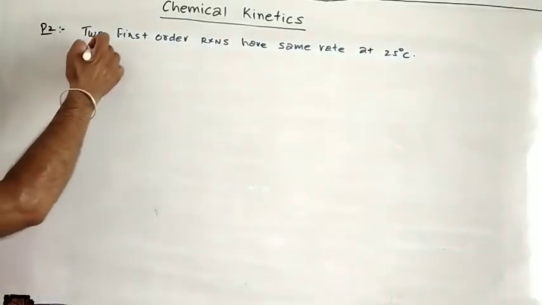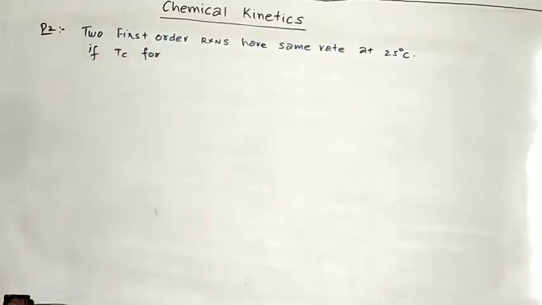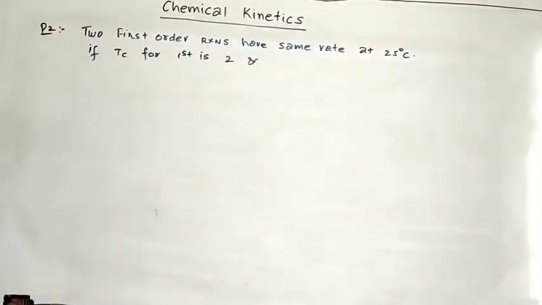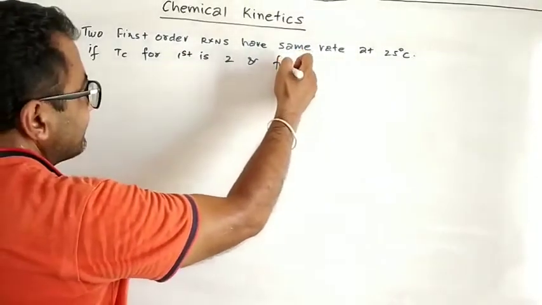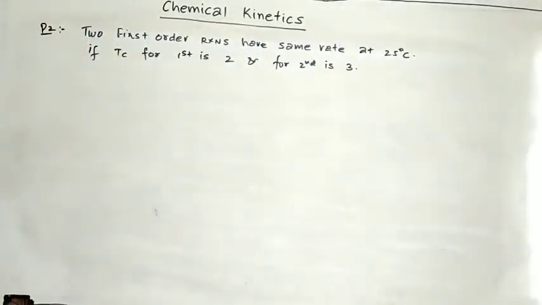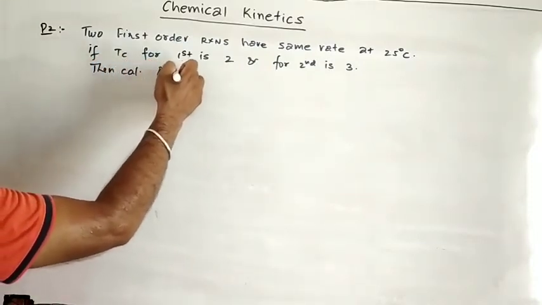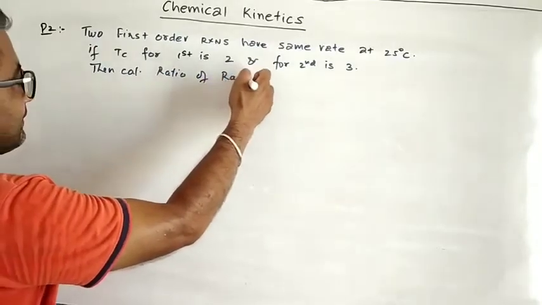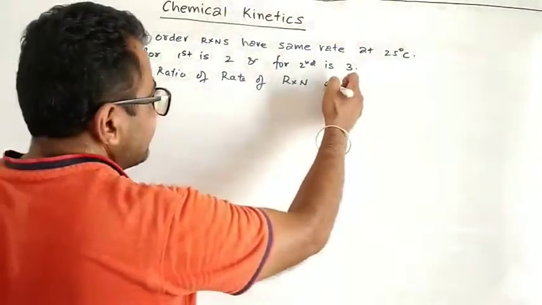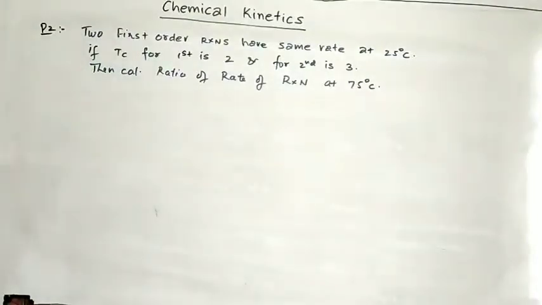If Tc for first is 2 and second is 3, then calculate ratio of rate of reaction at 75 degrees Celsius. Pause the video and try the problem.